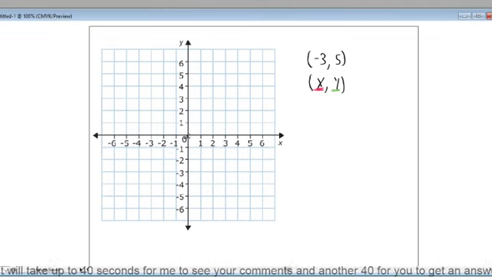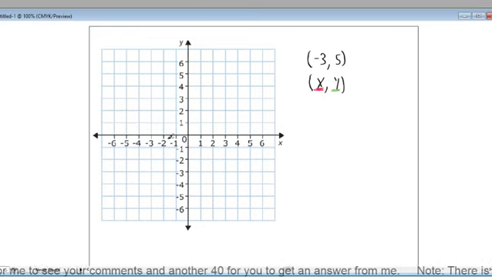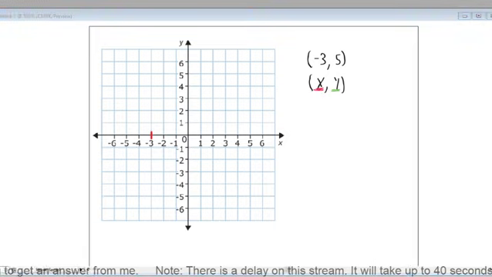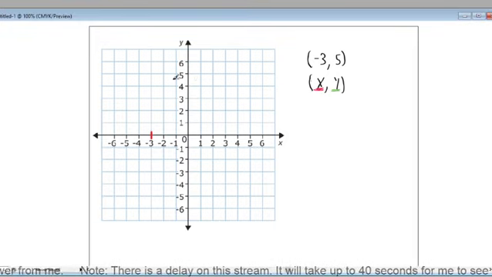We want to find where it is. So if x is at -3, then we just look at our x number line, our x-axis, and find -3. And so that's right here. Then we want to do the same thing for y. So again, y is 5. So we would need to find 5 on our y number line, our y-axis, which is right here.